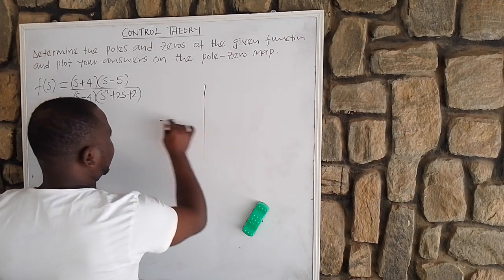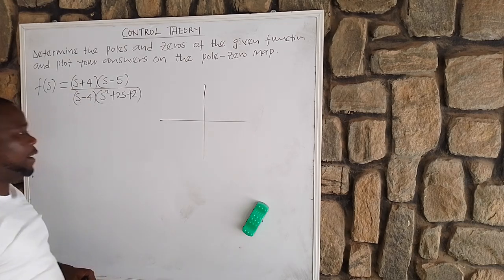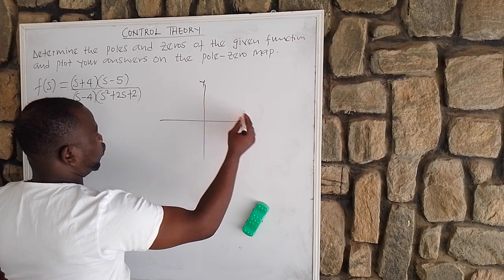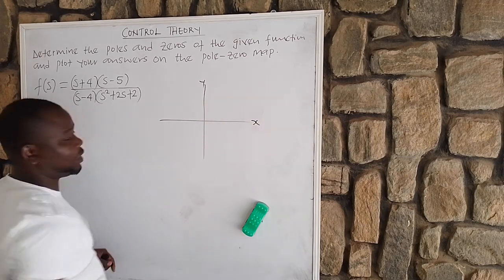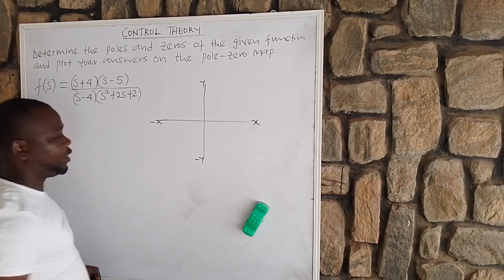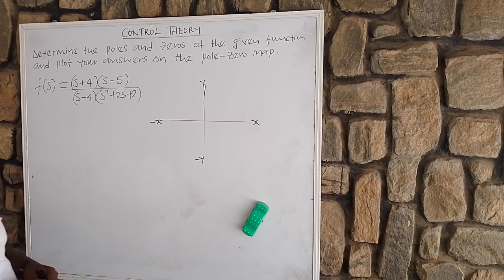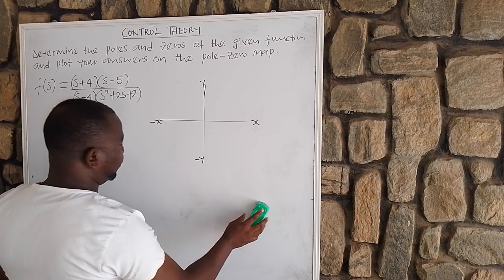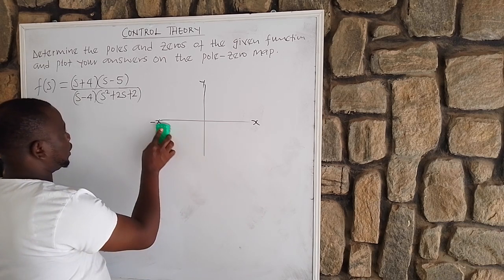You know, in our elementary mathematics algebra, we label here as y and here as x. Then this is minus x and minus y. But as far as control theory is concerned, this map will not be like this.